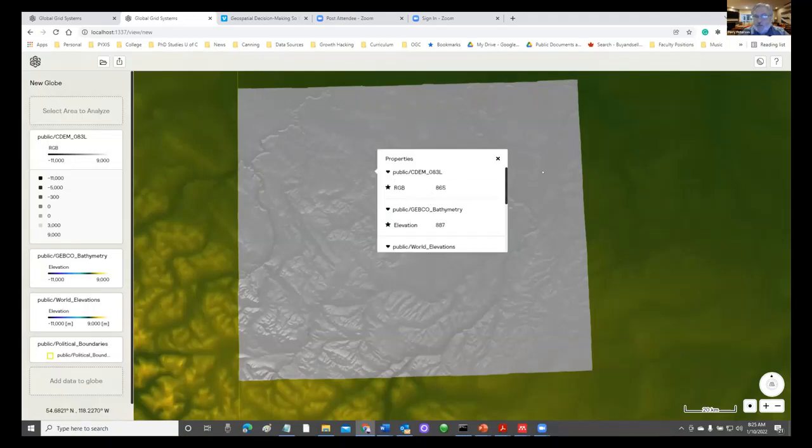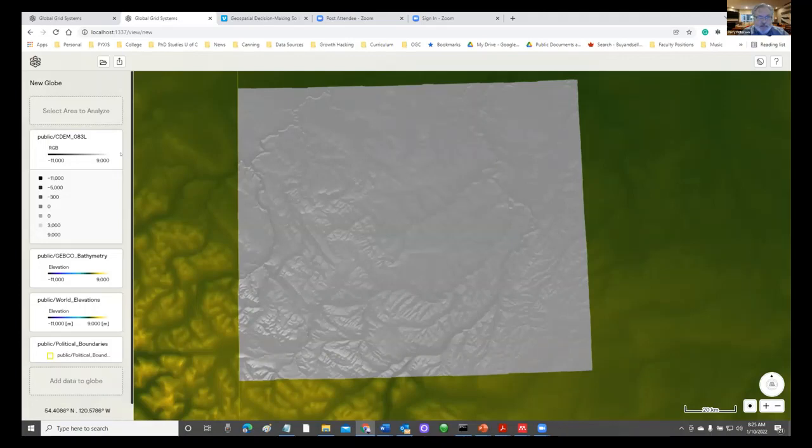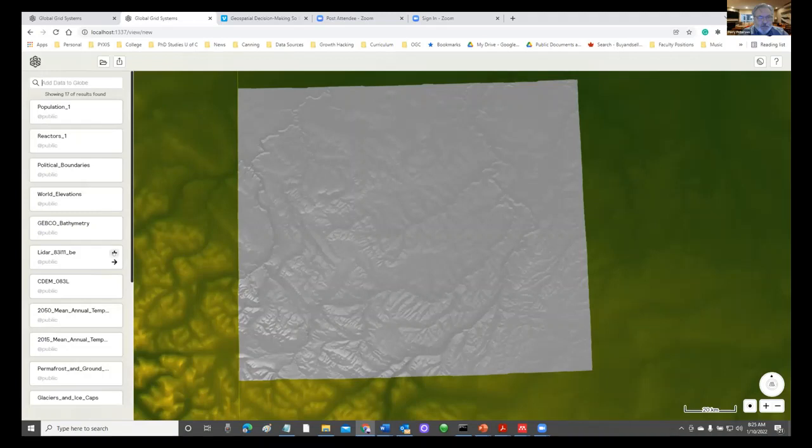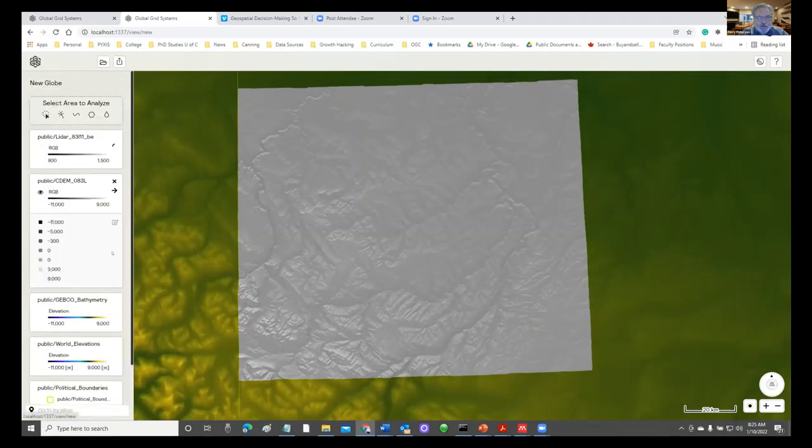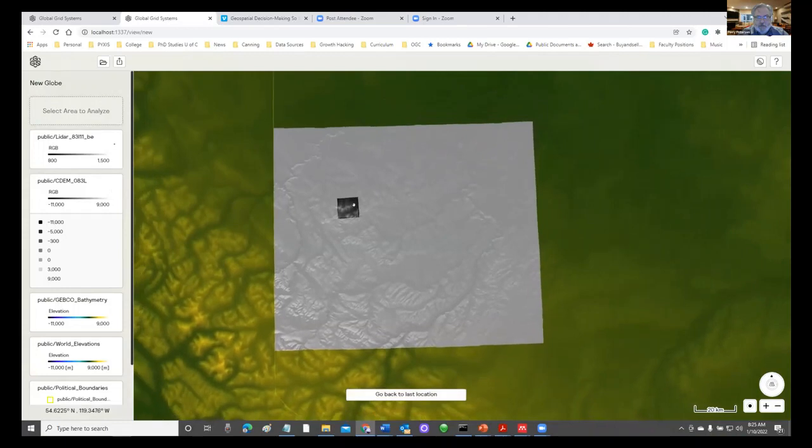What about LiDAR? It would be cool to bring some LiDAR in because it's highly detailed. I have some LiDAR data as well that I can bring in. So here's my LiDAR data.